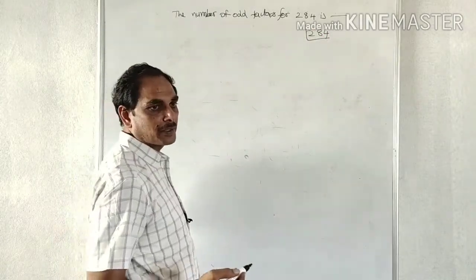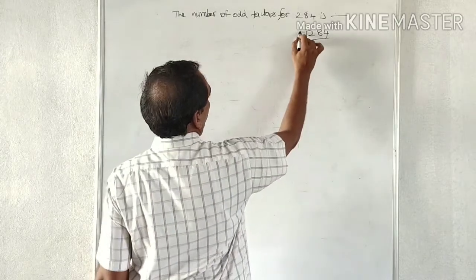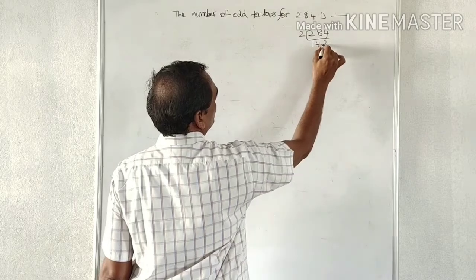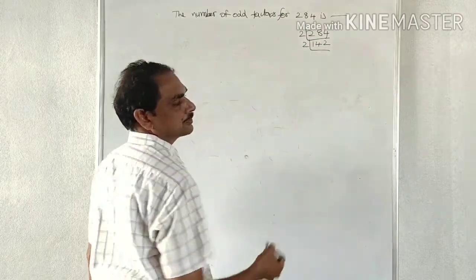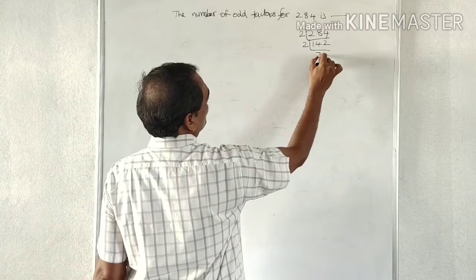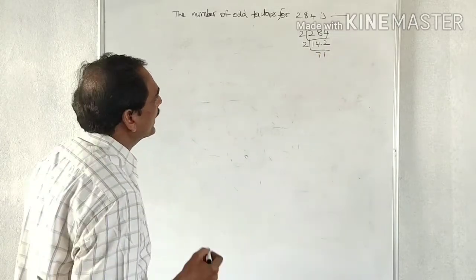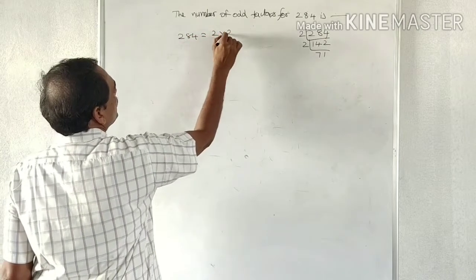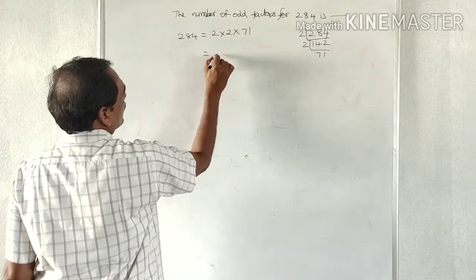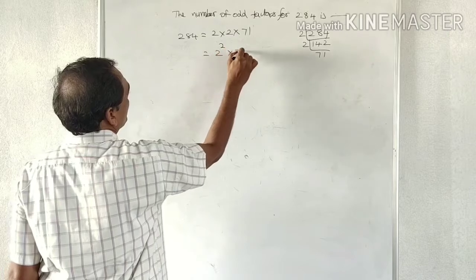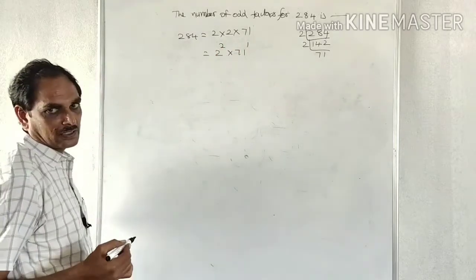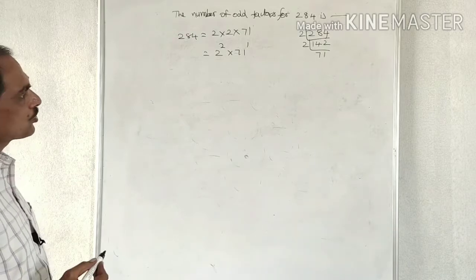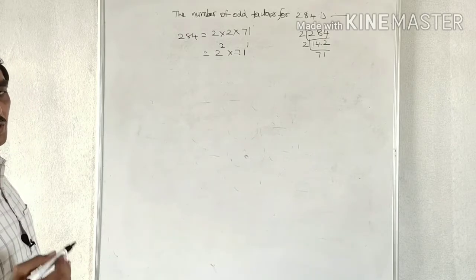The smallest prime number is 2. We divide it by 2: 2 1s are 2, 2 4s are 8, 2 2s are 4. Again we divide it by 2: 2 7s are 14, 2 1s are 2. So now we write 284 equal to 2 into 2 into 71, which is 2 square into 71 to the power of 1.